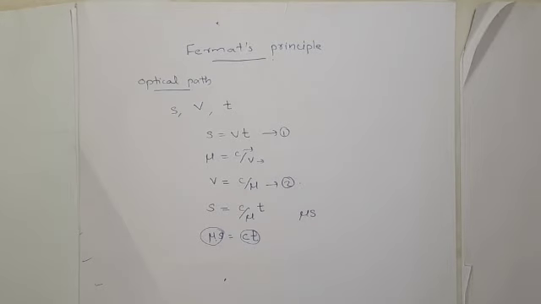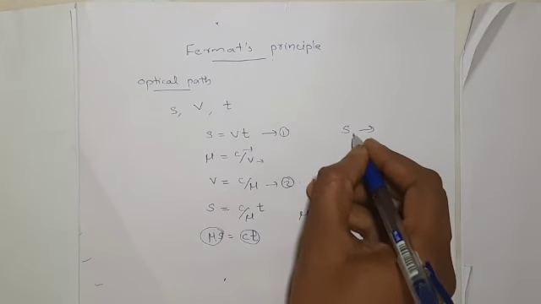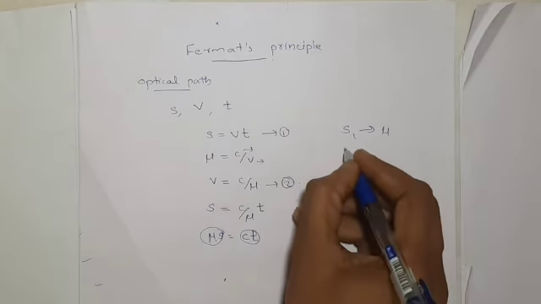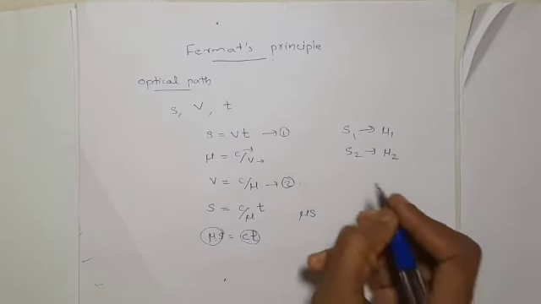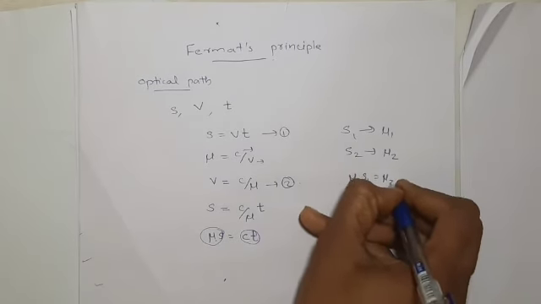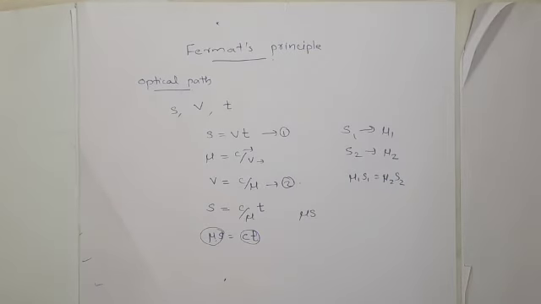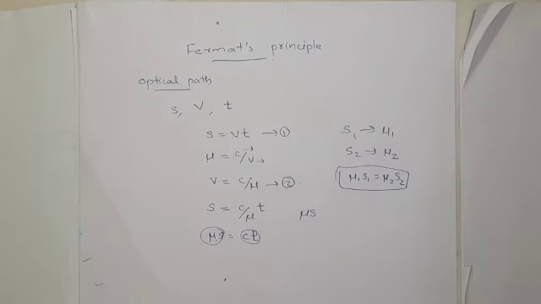Suppose light travels a distance S1 in a medium of refractive index mu1 and a distance S2 in a medium of refractive index mu2 in a given time t, then mu1 S1 is equal to mu2 S2. That is, in a given time, light travels the same optical path length in different media. That is, mu1 S1 is equal to mu2 S2.